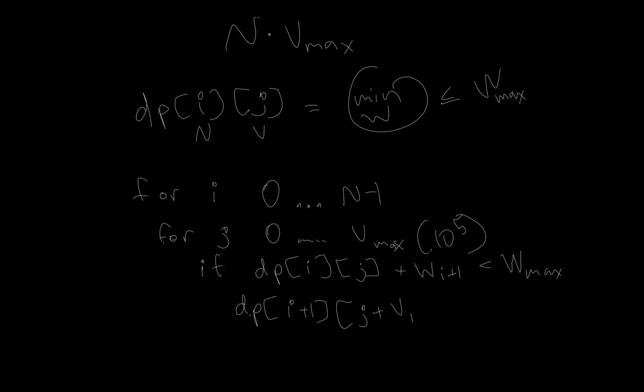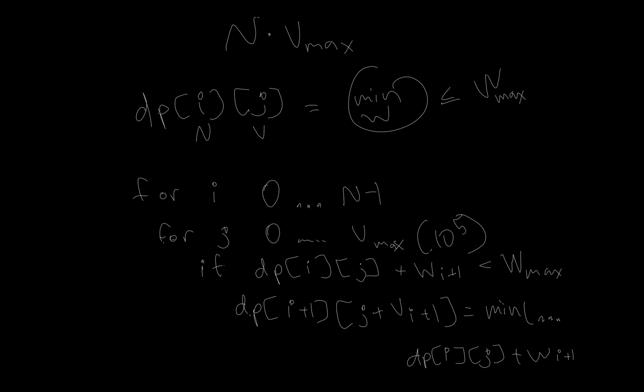So we add this value here, and then what we do is take the min of whatever is in here already, whatever you have so far, and the weight for just dp[i][j] plus the weight of our new item.